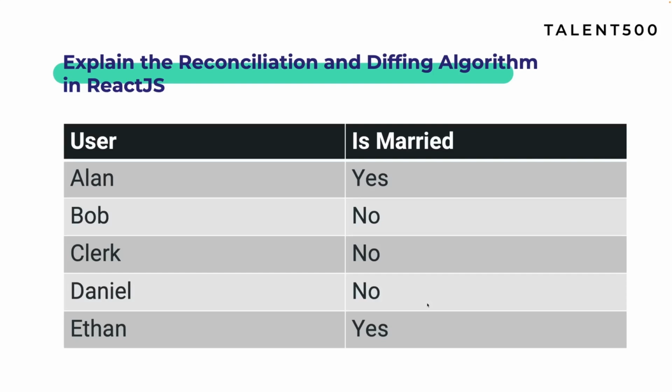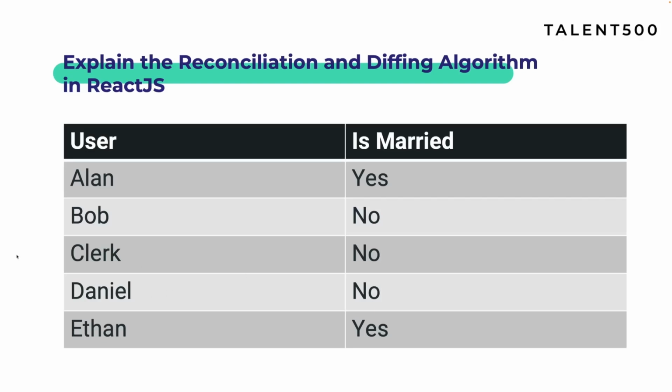Okay, so first thing is an example. Let's take a bunch of users like Alan, Bob, Clark, Daniel, and Ethan, and their marital status. Alan says yes, he is married, whereas Bob is no, Clark is no, Daniel is no, and Ethan is yes. Now, if I have to change Clark's marital status from no to yes, and it is in a kind of DOM hierarchy, I will be traversing from the top, changing for Alan, then Bob, Clark, Daniel, Ethan, and so on.